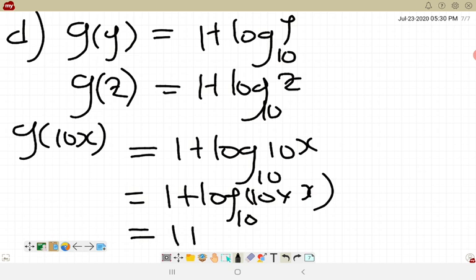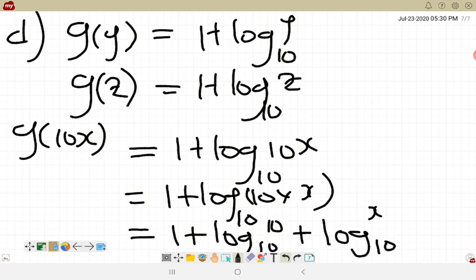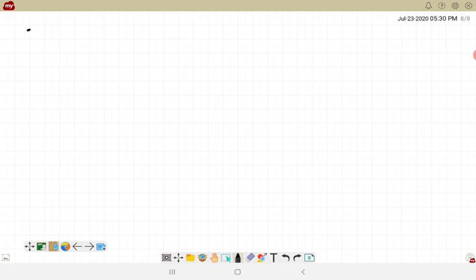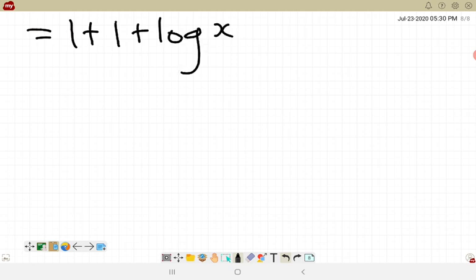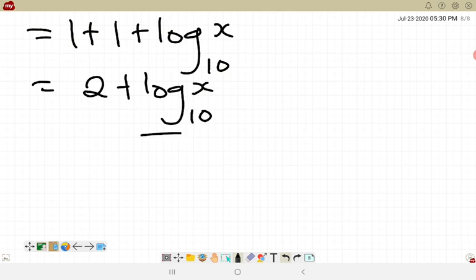So this is 1 plus logarithm of 10 base 10 plus logarithm of x base 10. Logarithm of 10 base 10 is 1, so this will give us 2 plus logarithm of x base 10.